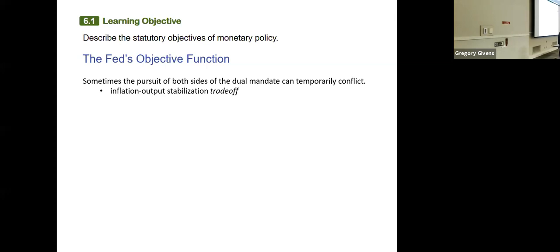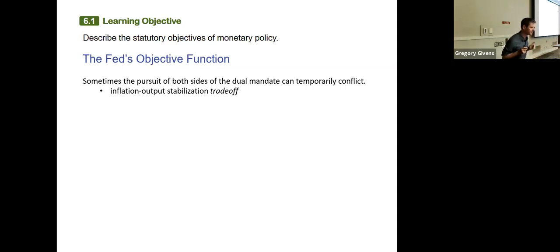It's going to go even higher. So there's a trade-off between the two, stabilizing output and stabilizing inflation. Or alternatively, the Fed can contract monetary policy to try to bring inflation down, but what's going to happen to GDP as a result of that? It's going to fall even lower, and the recession is going to get even deeper, okay?